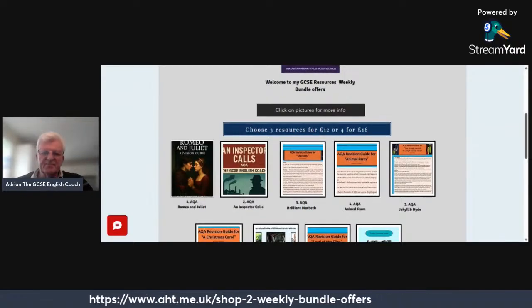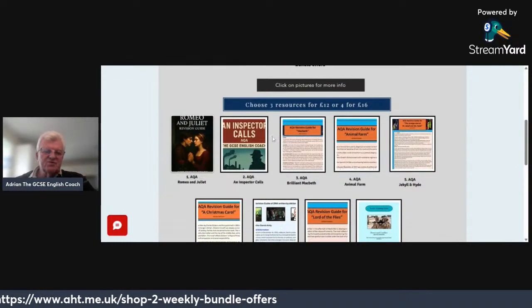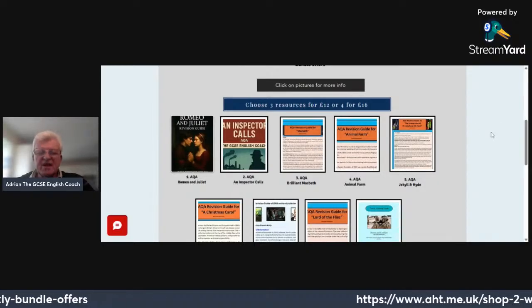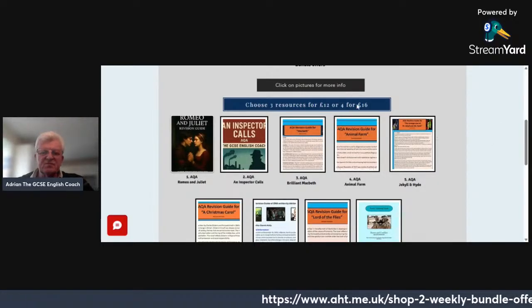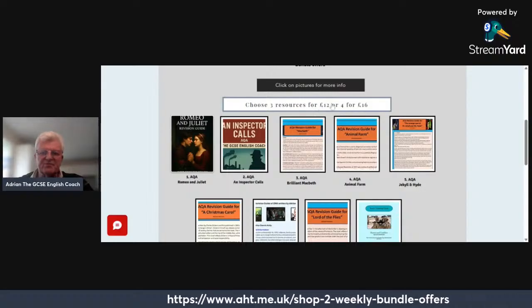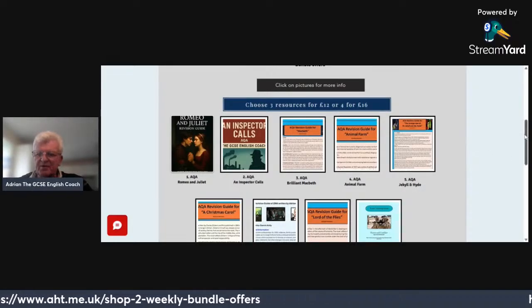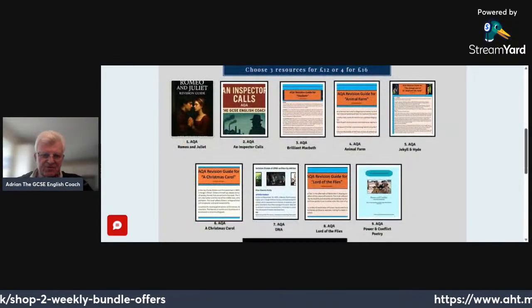So here they are. So Romeo and Juliet is there. Now, I have mentioned this before, but it is important. You can buy 3 resources for £12, or you can buy 4 for £16. So you can pick any number, and there they are, the 9 resources there.